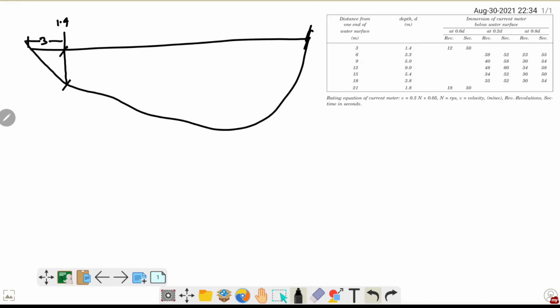At the distance again 3 the depth is 6 meter, again 3 meters the depth is 9. No, at 3 meter the depth is not 6. Let me erase this.